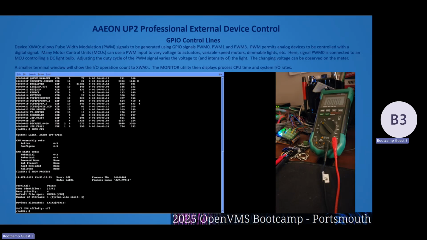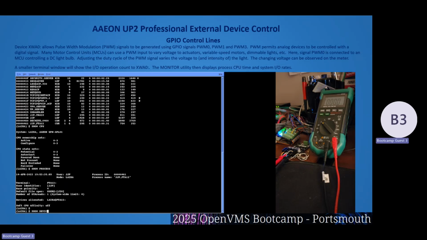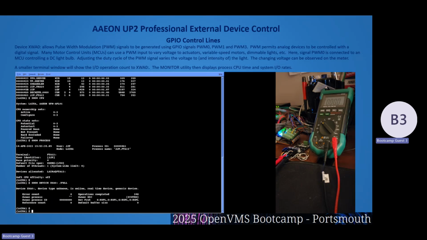And what we're going to do here is we're going to run a little program that, very similar to the GPIO program, adjusts the PWM level up and then adjusts it down. There is a light connected to the motor control board. The motor control board is also connected to a multimeter.